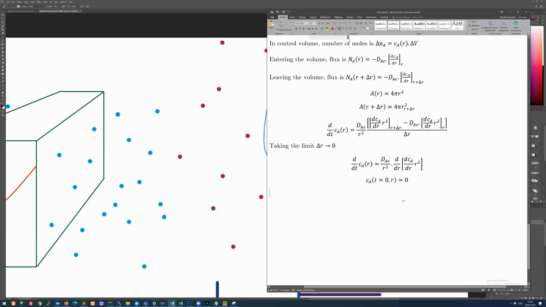So we can easily imagine that we have the symmetry condition there, so we can write dCA/dr at position r equals 0. We can imagine that that's going to be a 0. So that's the symmetry condition.